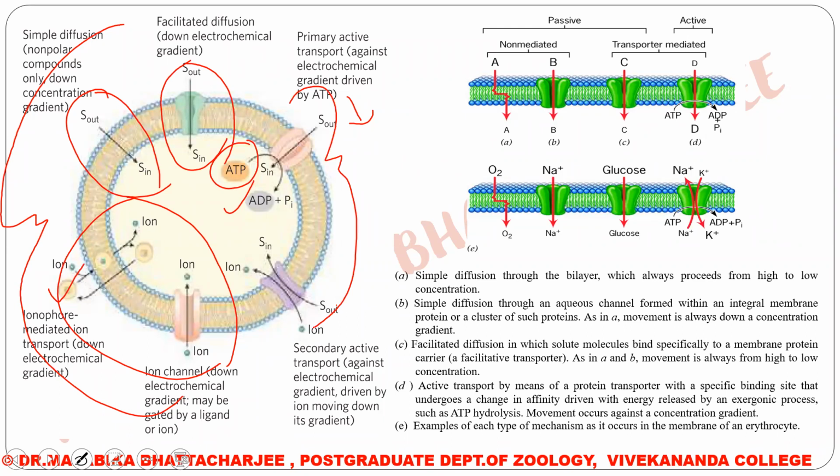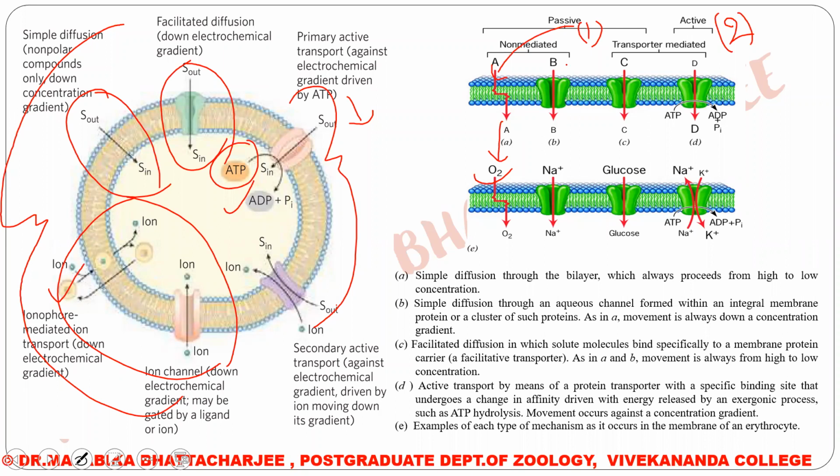The right side picture is again a repetition of what I said, but this is now showing you with examples. So we have the two broad categories of transport, passive and active. When we are talking about passive, you can see simple diffusion as that happens in case of oxygen. The molecule is moving down its concentration gradient.